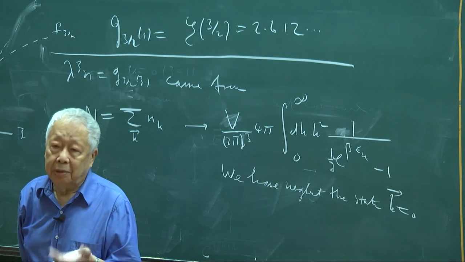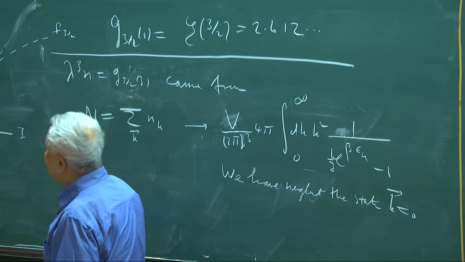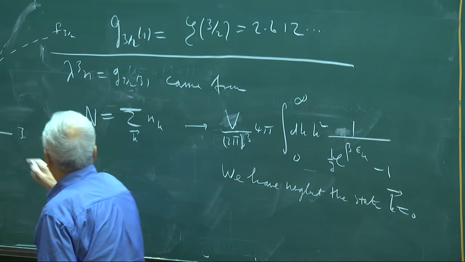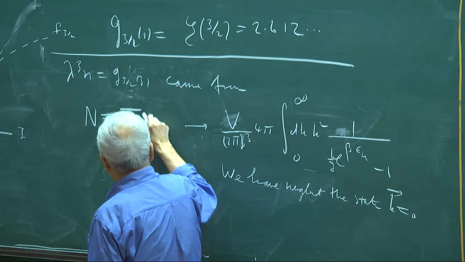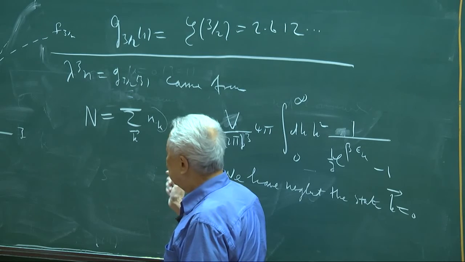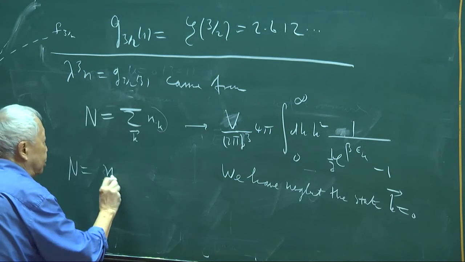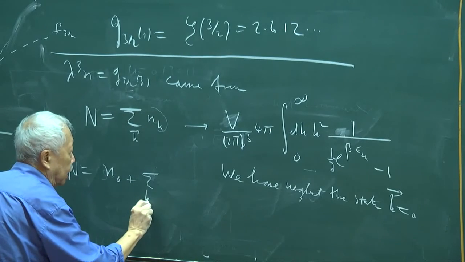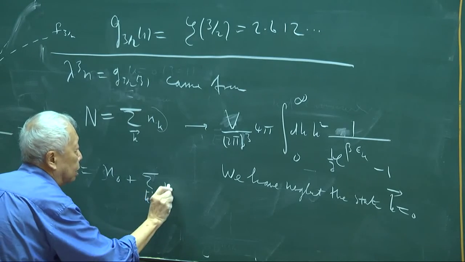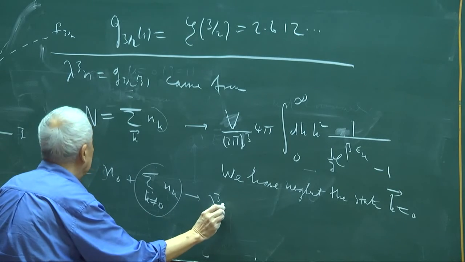So I mean, you said that one state is not that important, except when the rest of the states cannot accommodate all of it. This says that when you sum up all the occupation numbers, they have to add up to N. But you leave out that one state. N is equal to n0 plus the summation over k not equal to 0. And this thing gives you lambda cube n.